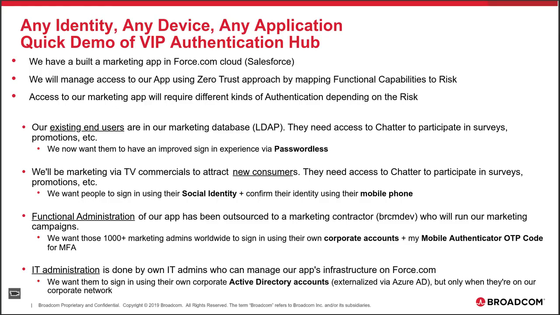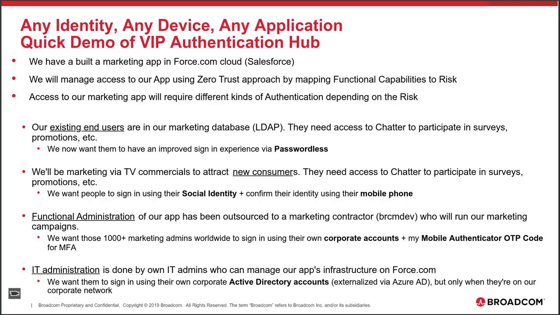I just want them to use their social identity, but I want them to confirm their identity, right? The easiest way to confirm an identity without bringing in more sophisticated ID proofing, and having people look into cameras and whatnot, is just to use their mobile phone. So at least we know that this is a legit identity. It actually has something that we can validate.